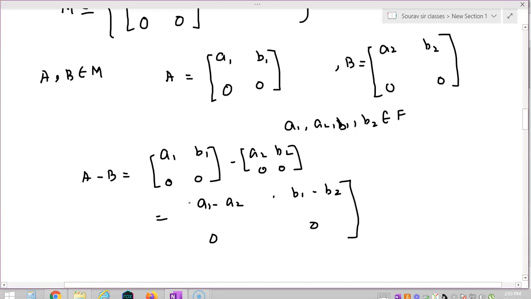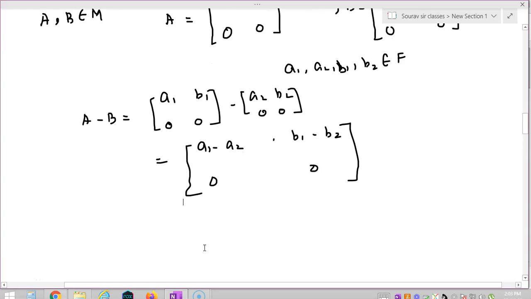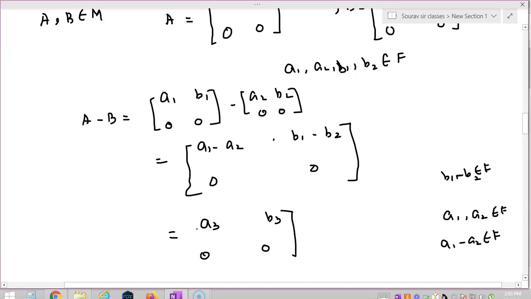Now observe that A1 and A2 both belong to F, and F is a field, and hence A1 minus A2 again belongs to F. Similarly, B1 minus B2 belongs to F. I am considering A1 minus A2 as A3 and B1 minus B2 as B3, where A3, B3 both belong to F, and hence this A minus B belongs to M.